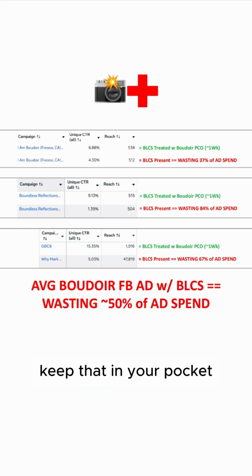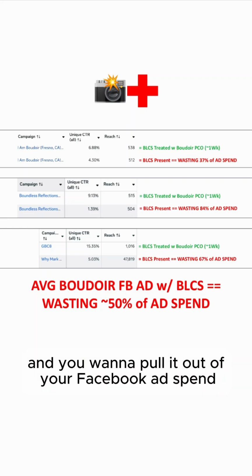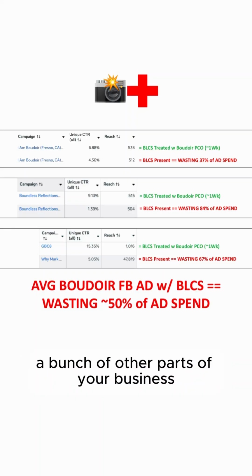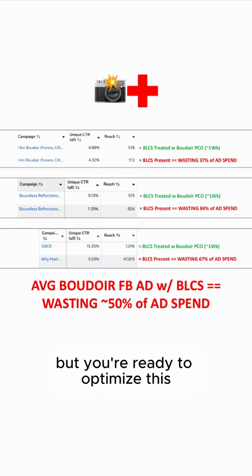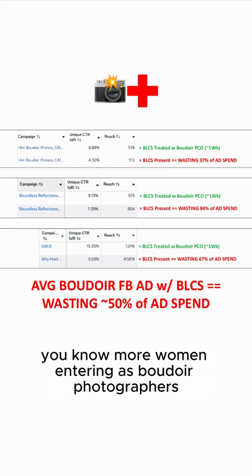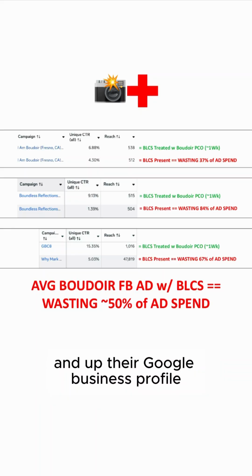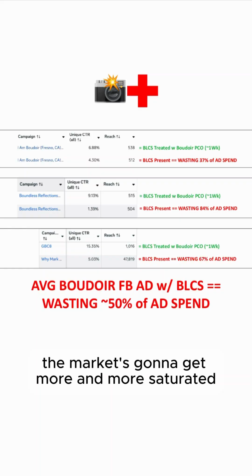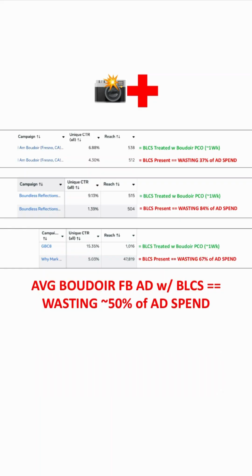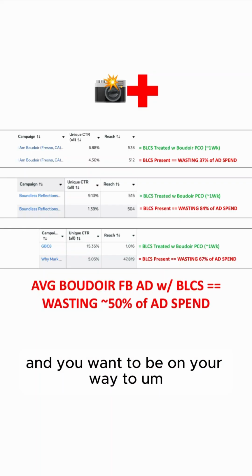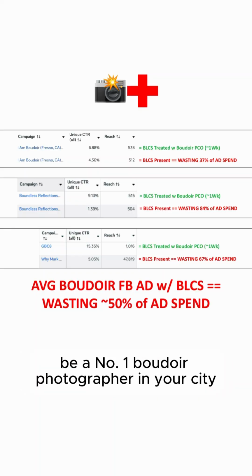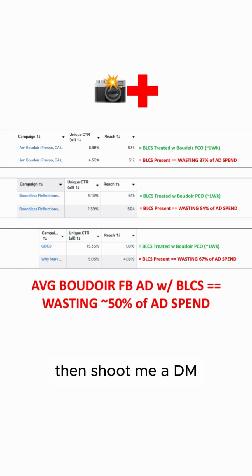Keep that in your pocket. And you want to pull it out of your Facebook ad spend because you've already optimized a bunch of other parts of your business. But you're ready to optimize this because you see more inflation, more women entering as boudoir photographers, setting up their Google business profiles. So the market's going to get more and more saturated. And you want to be on your way to be the #1 boudoir photographer in your city. Then shoot me a DM.